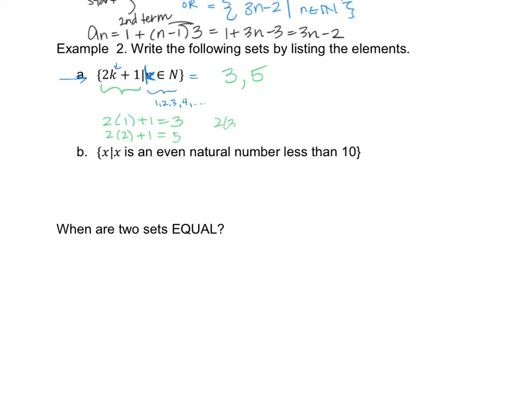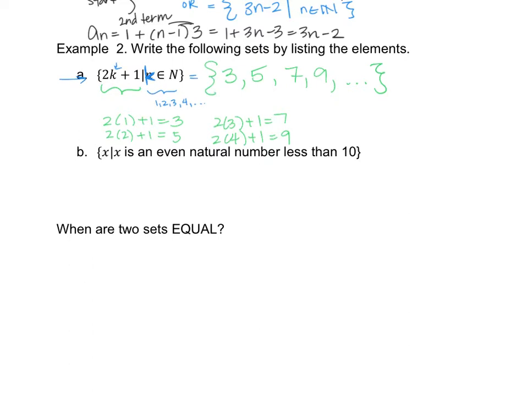You could plug the 3 in, 2 times 3 plus 1. You could plug a 4 in, and you could keep doing this forever. So we're going to put a little ellipsis on there. 3, 5, 7, 9. Really, these are the odd numbers starting with 3. I'm going to close that off, and I just made my list.